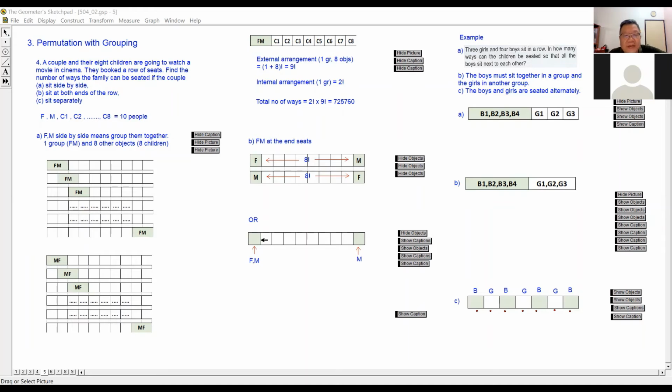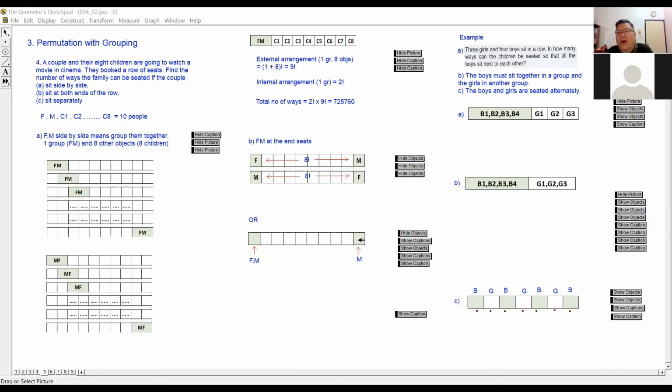How many ways of filling up the first box? 2 ways. Why? Because either the father or the mother can sit here in the first place. Then I move to the last seat.